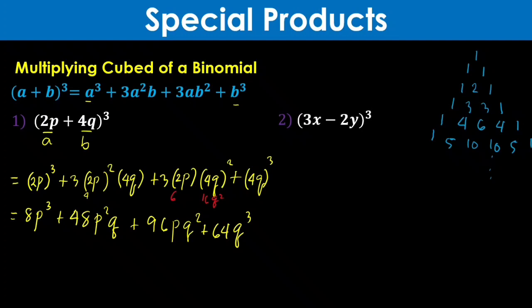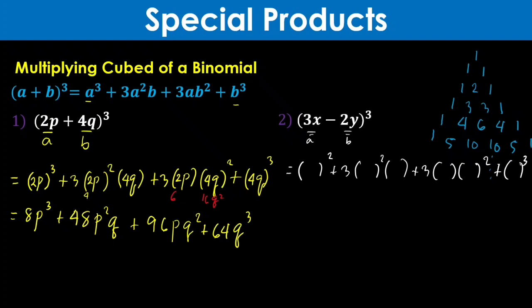Now in case we have something like this, we will do it in the same way. We cube our A. By the way, our A here is 3x, and our B is negative 2y. Plus 3A squared times B, plus 3A times B squared, plus B cubed.